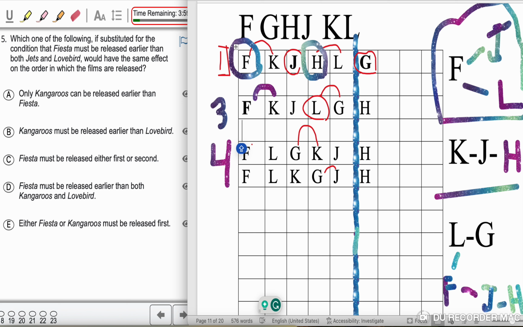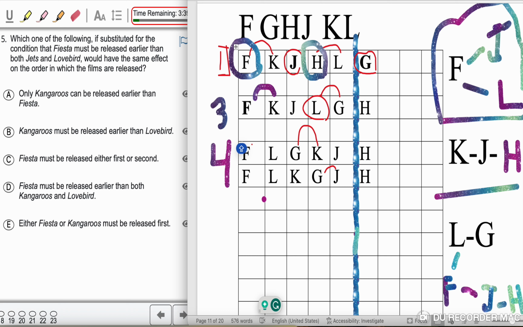Question 5. Which of the following conditions, substituted for the condition that F must be released earlier than both J and L, would have the same effect on the order in which the films are released? Substitution questions are really difficult. Try to see what you can on the board right now.